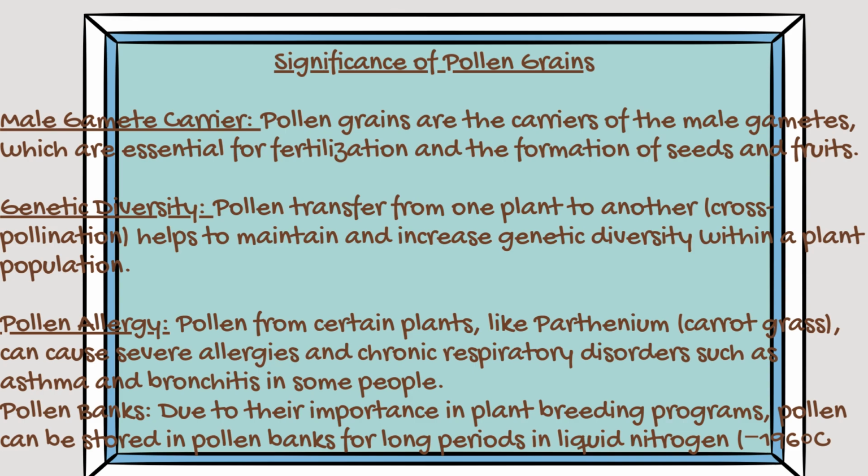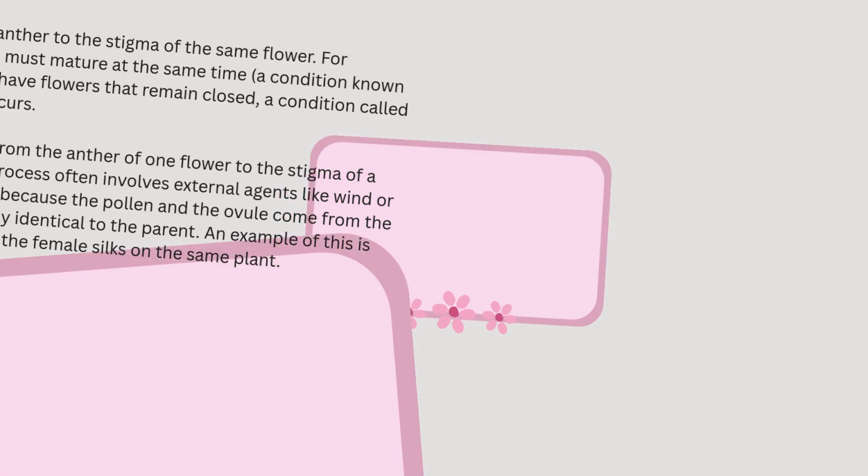Pollen banks: due to their importance in plant breeding programs, pollen can be stored in pollen banks for a longer period in liquid nitrogen at minus 196 degrees Celsius.